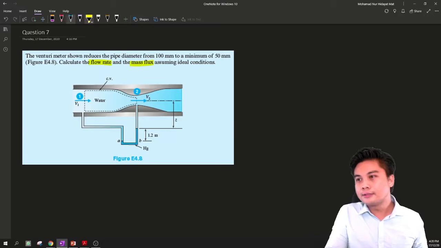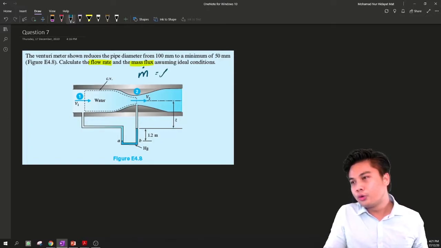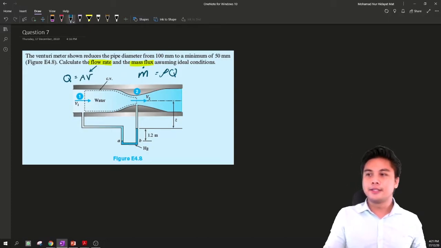So the mass flux is actually m dot, which is rho Q. And the flow rate here refers to Q equal to A times velocity.